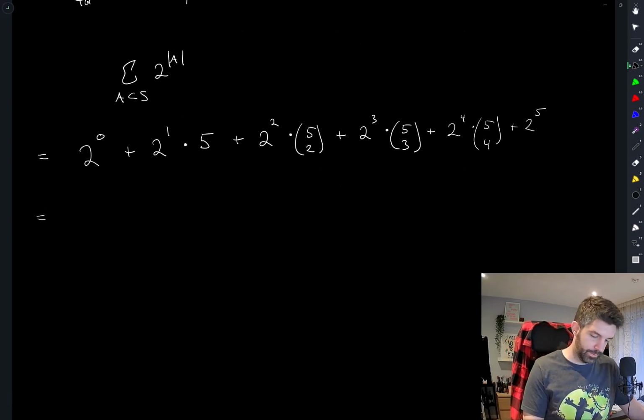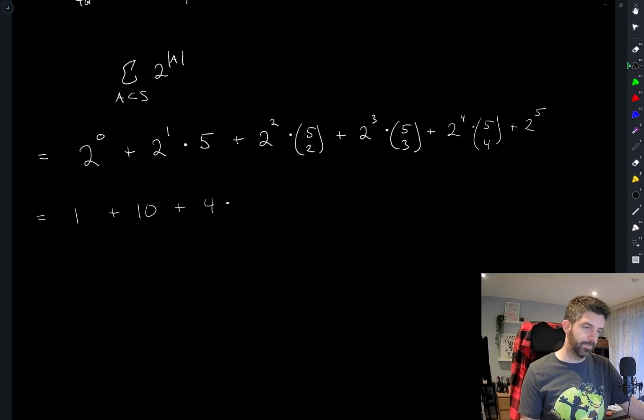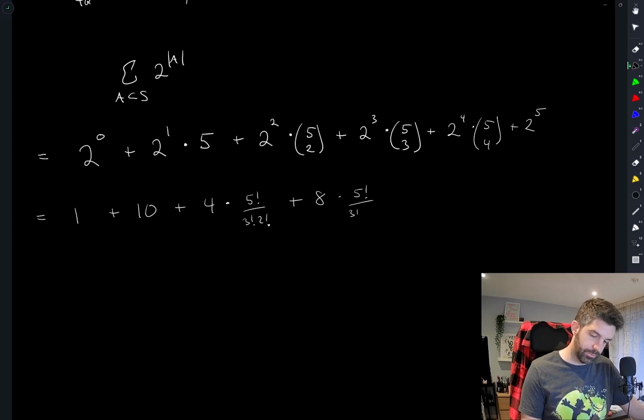Okay, and is this an easy thing to expand? 1 plus 10 plus 4 times 5 choose 2, 5 factorial over 3 factorial 2 factorial, plus 8 times 5 factorial over 3 factorial 2 factorial, plus 16 times 5 plus 32.